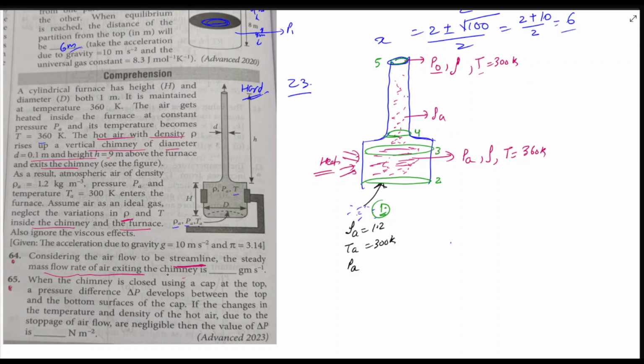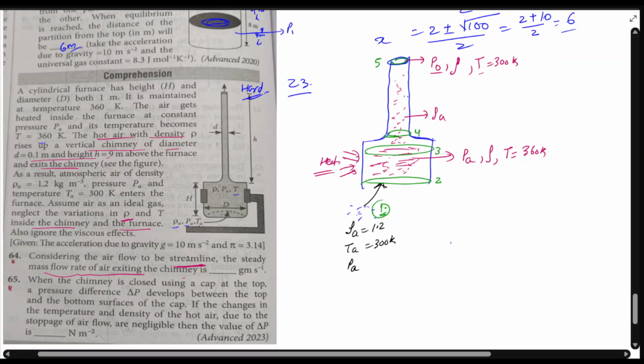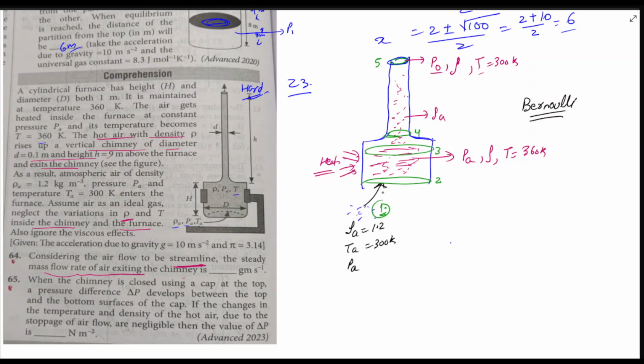We have to find the velocity, so we have to use Bernoulli's equation. For 1 to 3 we cannot use it. But from 3 to 5 we can use Bernoulli, because there is no heat exchange from here.